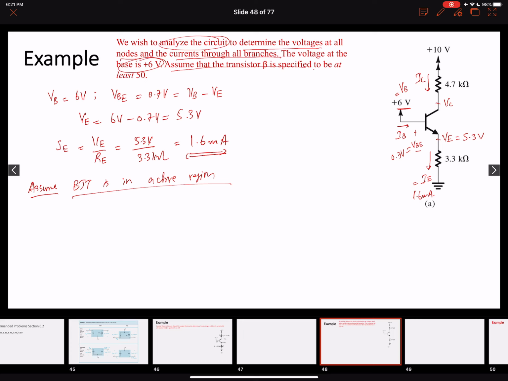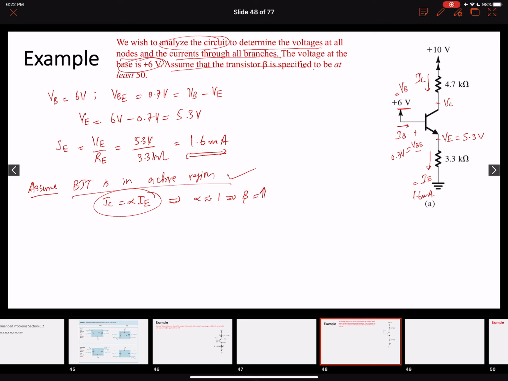Since we were not given an absolute value of the beta, we cannot use this equation. We are just going to assume that, since the BJT is in active region, IC is proportional to alpha times IE. However, we also know that alpha is almost equal to 1, because our beta values are usually very large.